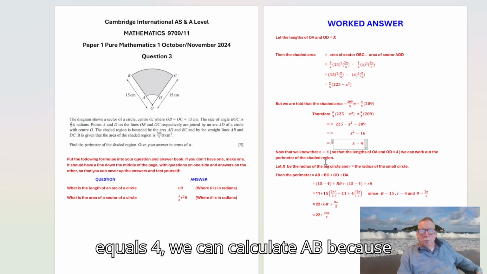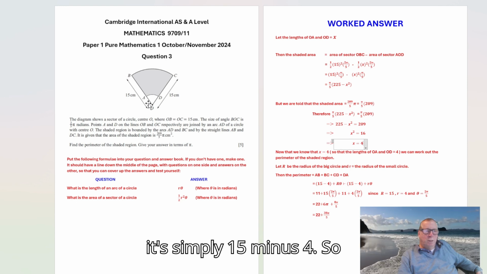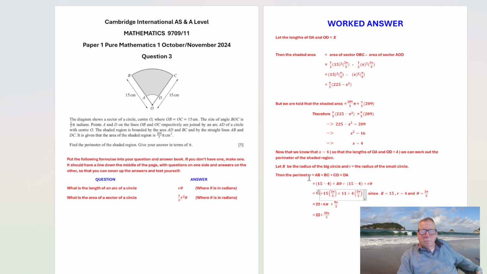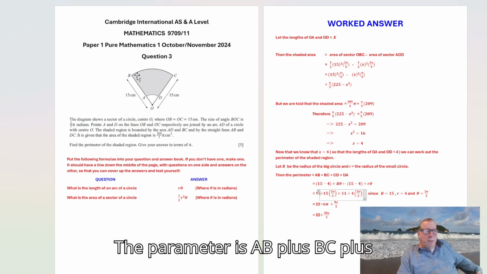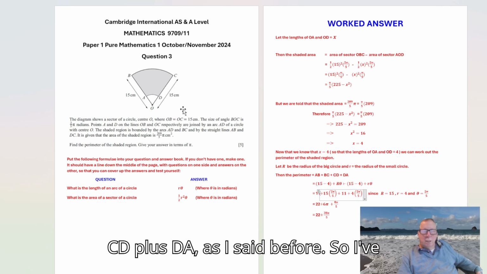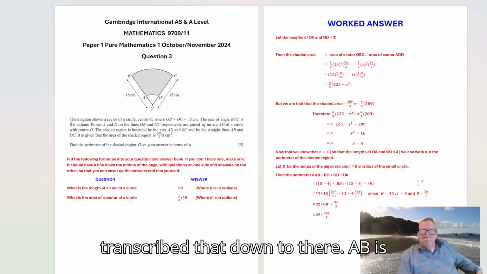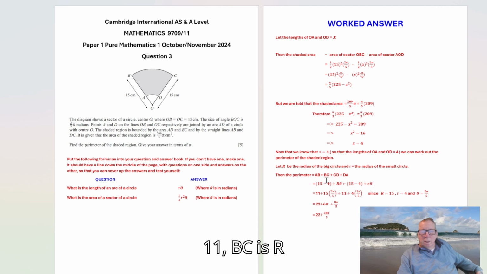So now that we know x equals 4, we can calculate AB, because it's simply 15 minus 4. So AB here is 11. The perimeter is AB plus BC plus CD plus DA, as I said before. So I've transcribed that down to there. AB is 11.